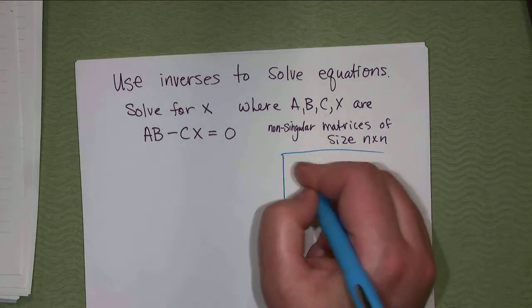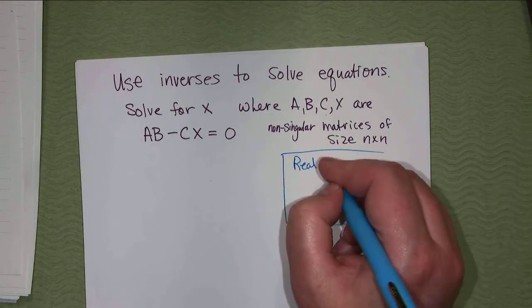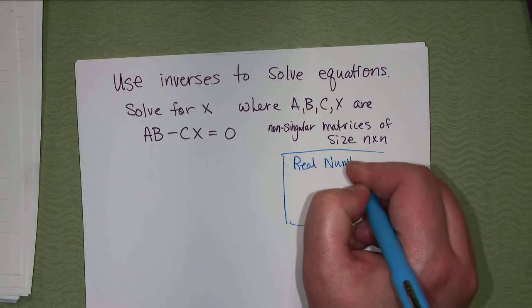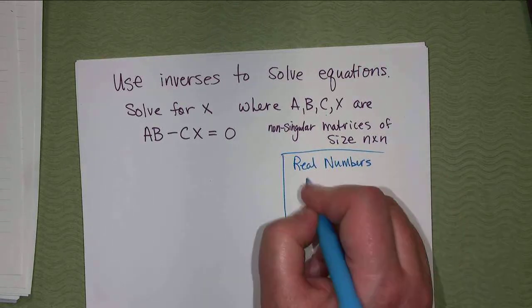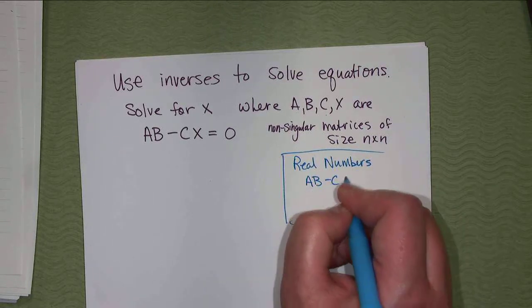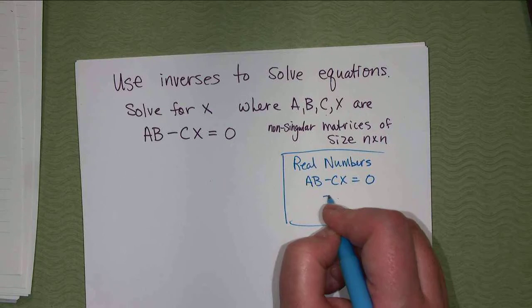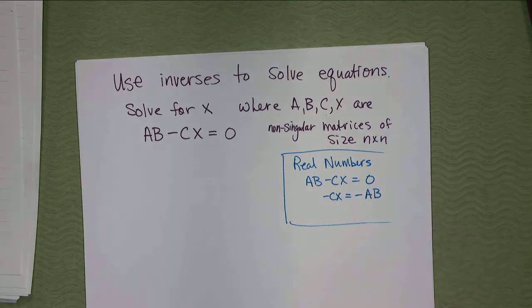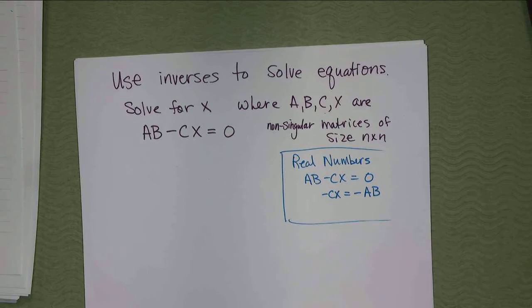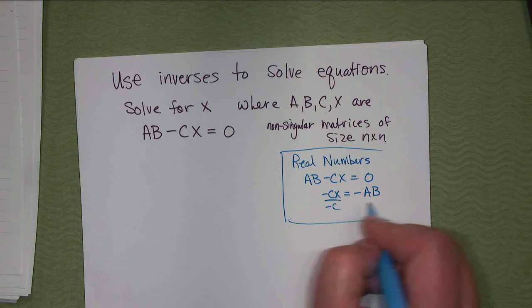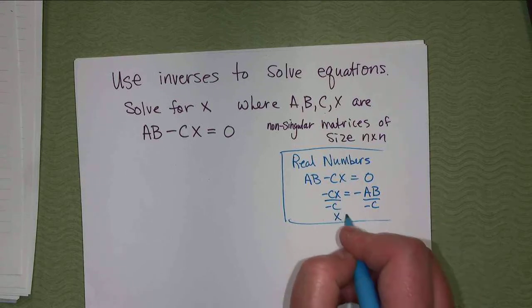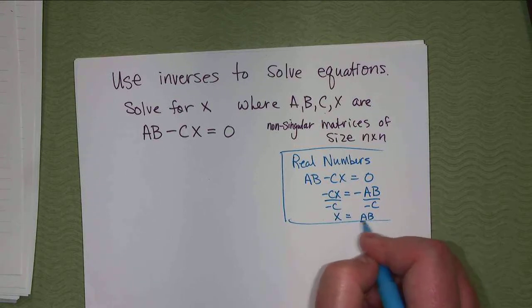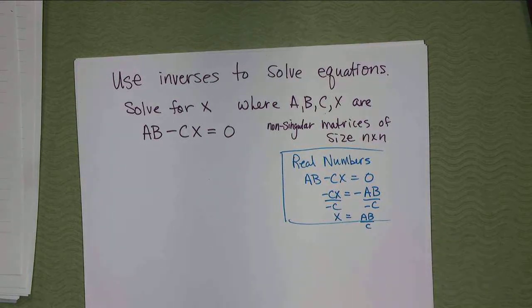If these were real numbers, not matrices, and we had a times b minus c times x equals 0, we might do something like that. And then what would we do? Divide both sides by minus c? And we would say x is a b over c. Does that make sense? In real numbers, that's what we would do.